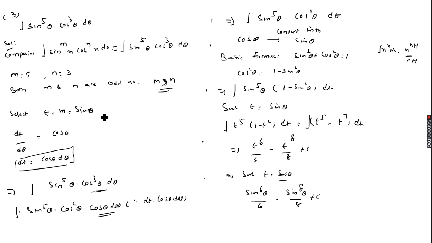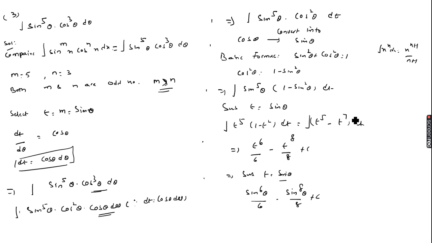For that, the basic formula is sin square theta plus cos square theta is equal to 1. From that, cos square theta is equal to 1 minus sin square theta. So the entire function is in the form of t, that is sin, which is nothing but t power 5 into 1 minus t square into dt. So t power 5 into 1 is t power 5, minus t power 5 into t square, which is t power 7.